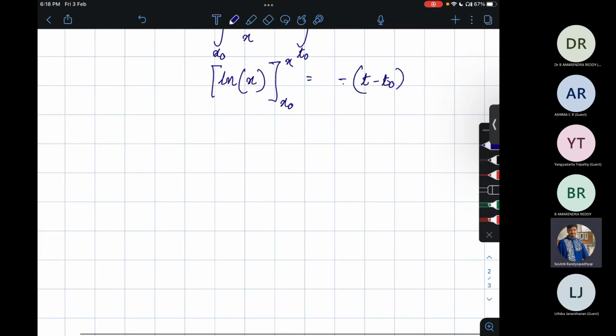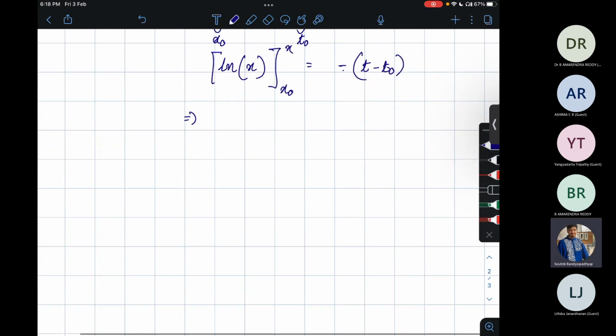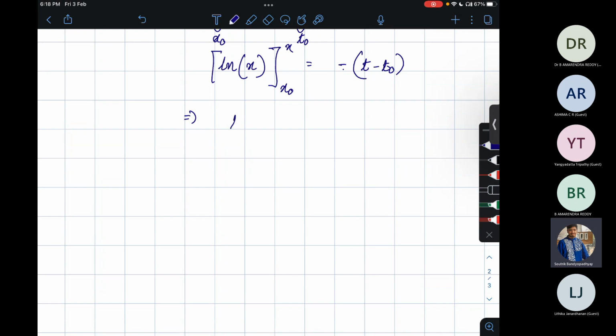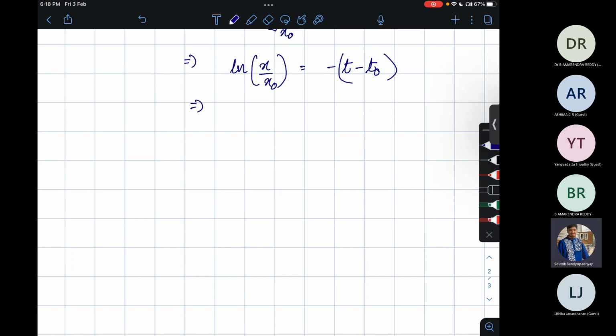Now this is ln of x divided by x naught equal to minus (t minus t naught), and thus x of t is essentially x at t naught multiplied by e to the power of minus (t minus t naught).